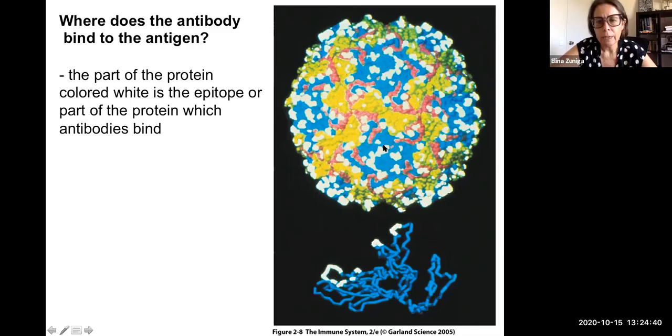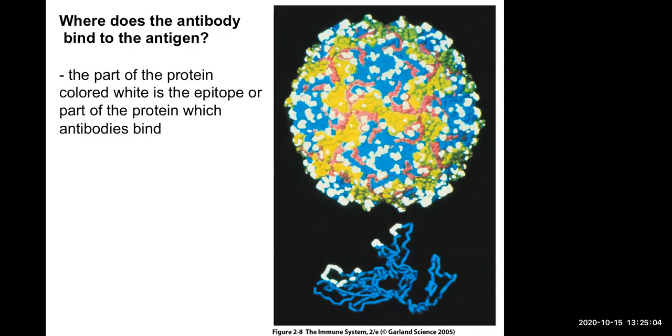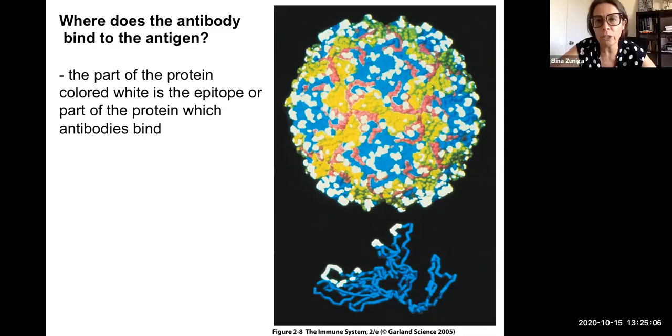And again, the parts of the antibody that will bind to the antigen, which are called what? Is the question for you. Anyone that wants to say which is the part of the antibody that will be in contact with the antigen? The CDRs? The CDRs or hypervariable regions. Good job, thank you, Serena.